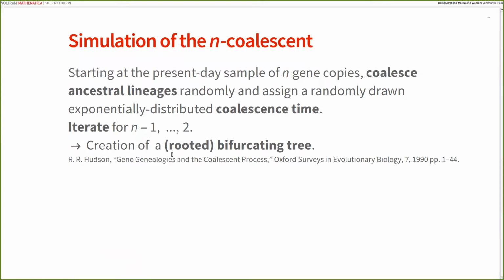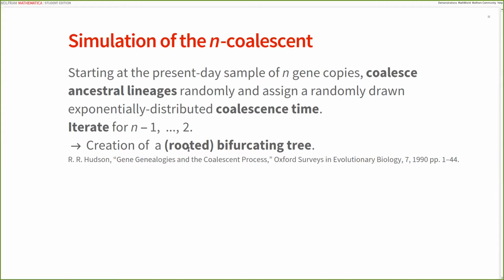All right, so we have therefore introduced the coalescent process, and we of course know that simulating this process is rather easy and highly efficient. We can take a present-day sample of n gene copies and just keep coalescing the currently available ancestral lineages randomly using a randomly drawn exponentially distributed coalescence time.